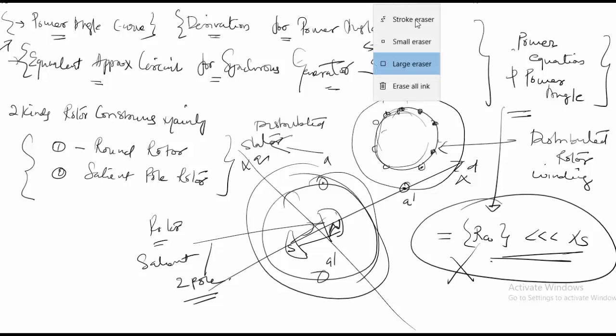So in the case where the resistance is considered, how will it look? What was found out in the previous lecture was that the power output per phase is equal to Eg into Va divided by Xs into sine delta, where delta is my power angle.